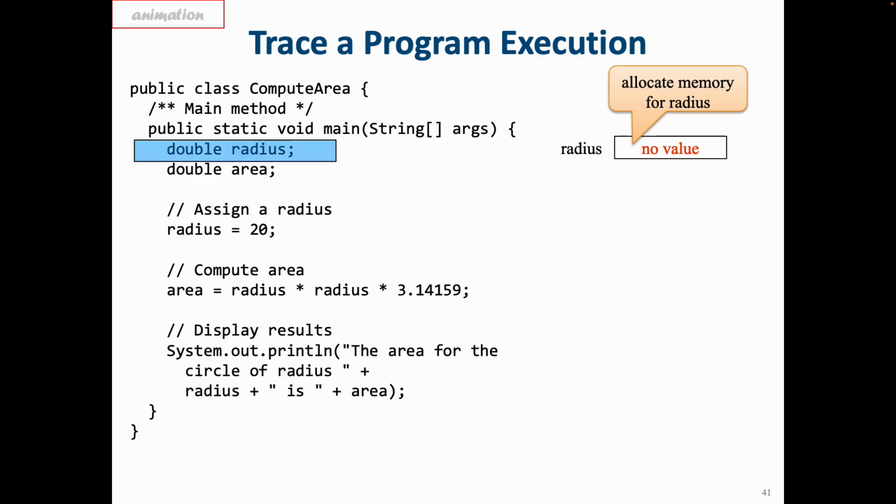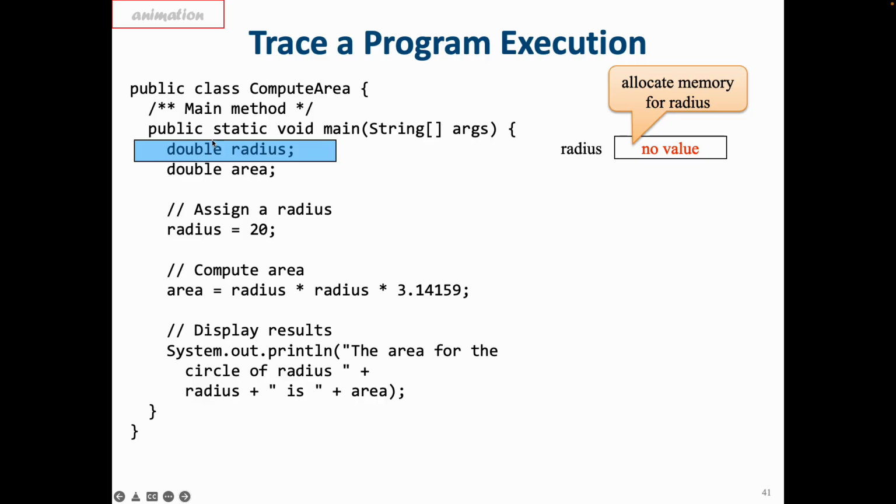So this should be a ComputeArea.java file, okay? And this is our class file. And then our main method, public, static, void, main, and then the parameters. This is, again, let's just memorize it as it is. Later on, we will break it down when we see what is static and so on.